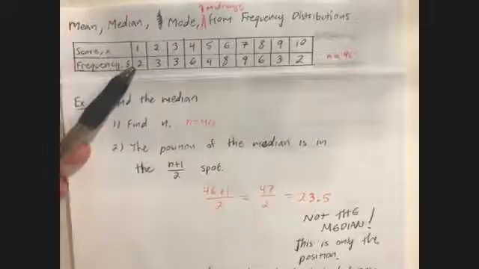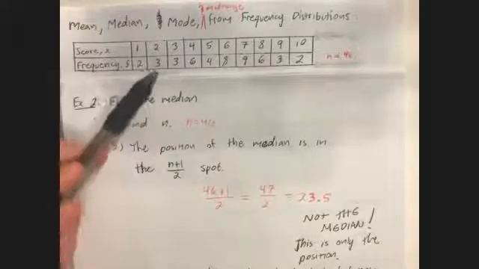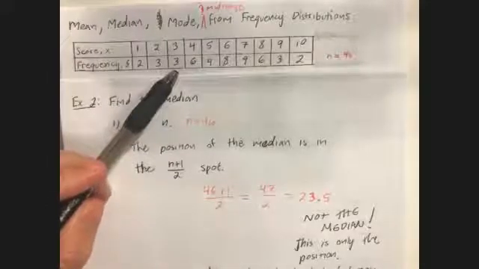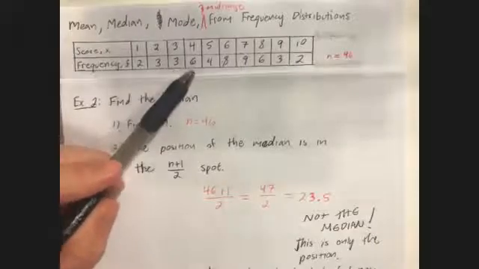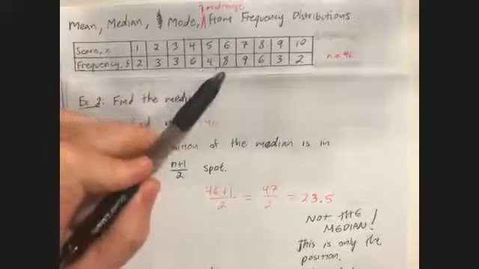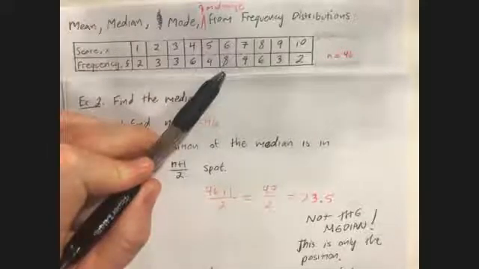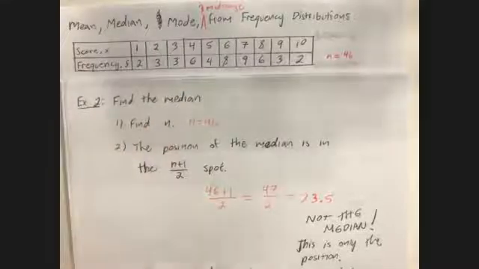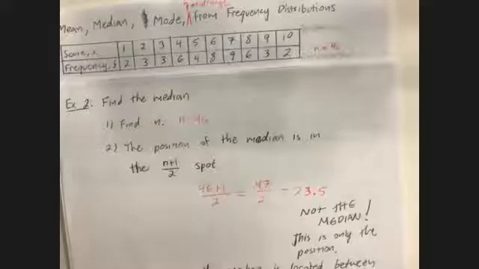Okay, I'm just counting. 1, 2, 3, 4, 5, 6, 7, 8. Plus 6 is 14. Plus 4 is 18. Plus 8 is 26. All right, I went too far, I believe. Let's see.